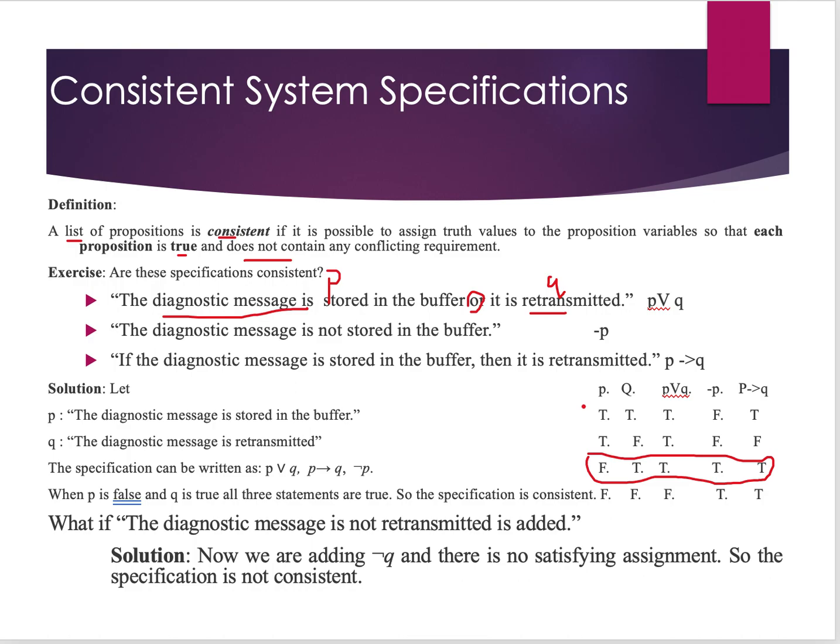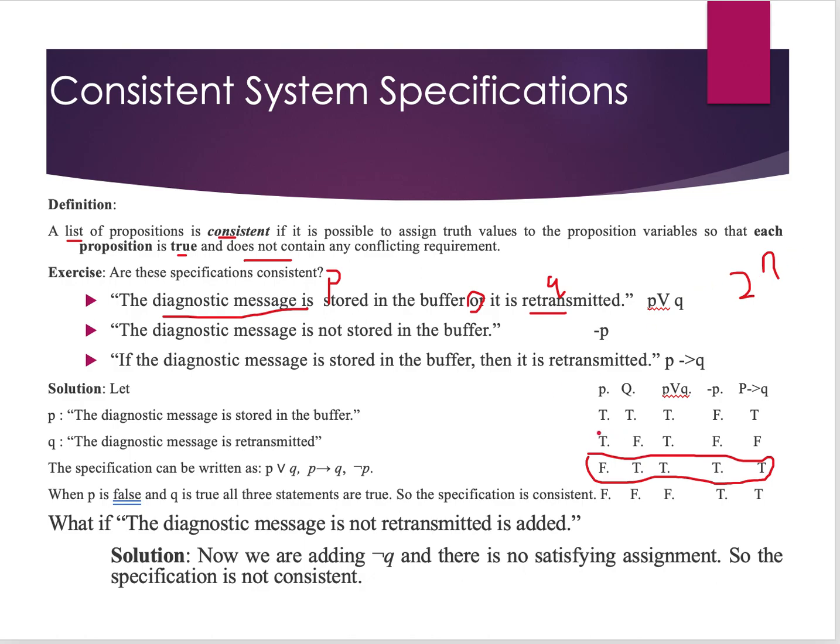Since there are only two variables here, when you use this formula, you know that you will have four possible combinations, because n is equal to 2.